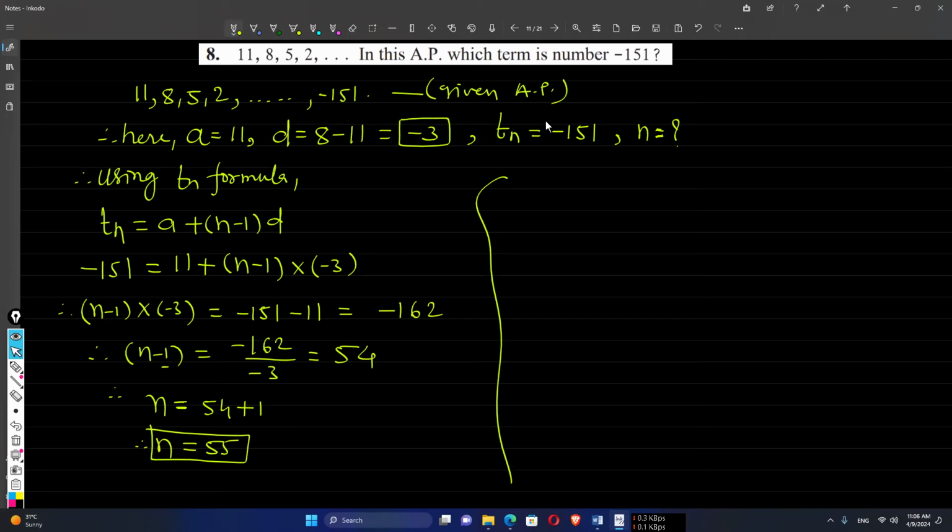Therefore, our answer is 55. Therefore, in the AP, minus 151 is the 55th term, or the 55th term in this AP is minus 151, and that's the final answer.